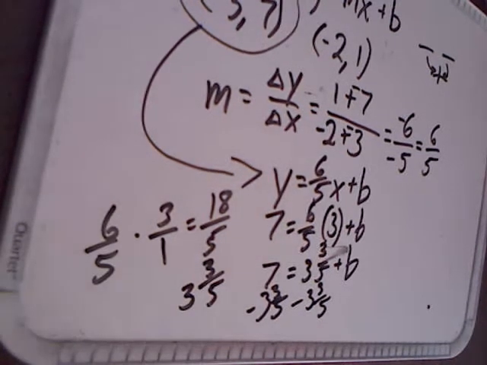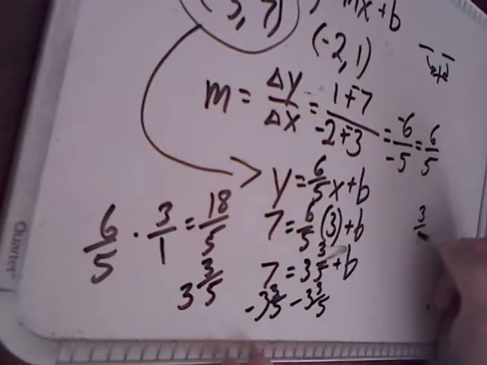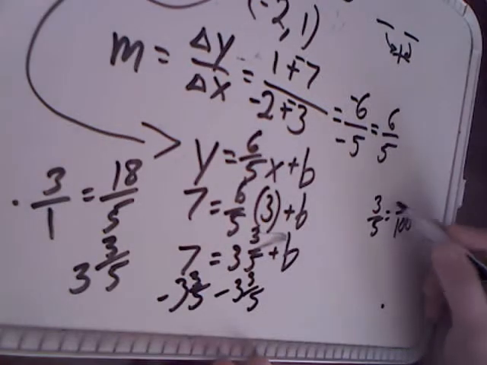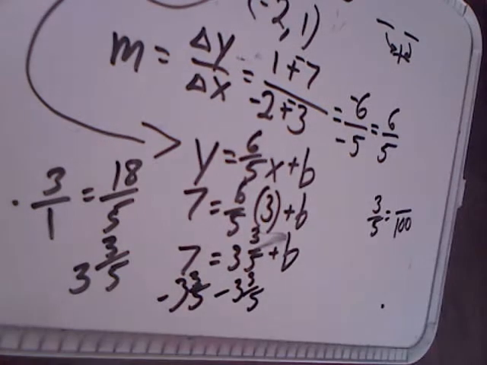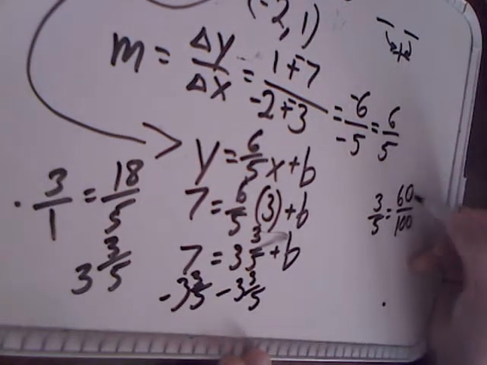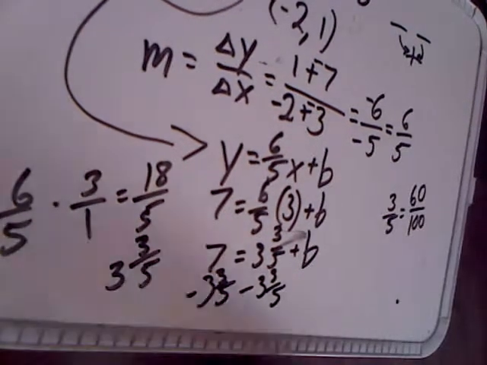You can always think about money when you do this. If you have 3/5 of a dollar, you make that over 100. 5 times what equals 100? Well, that's 5 times 20. 3 times 20 is 60. So think about it as 60 cents.